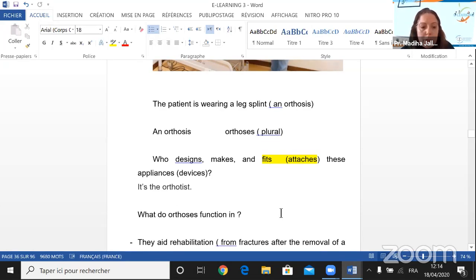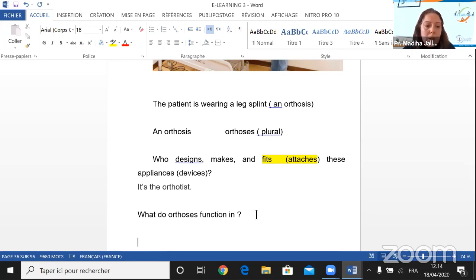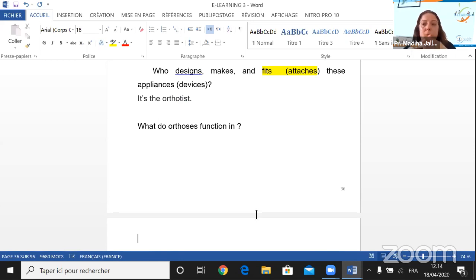The question is here, these orthoses, either the braces, for example, the neck braces and the leg splints, what is their function? What do they function in? You have any answer?